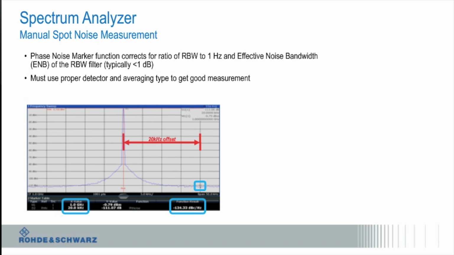Maybe I care about the marker in terms of noise. But you can put it in a noise mode, which normalizes it to a 1 hertz bandwidth. So marker noise mode is kind of the simplest way one could look at noise, right? It's normalized to a 1 hertz bandwidth. But you don't know anything about that noise, phase noise or amplitude noise or whatever.